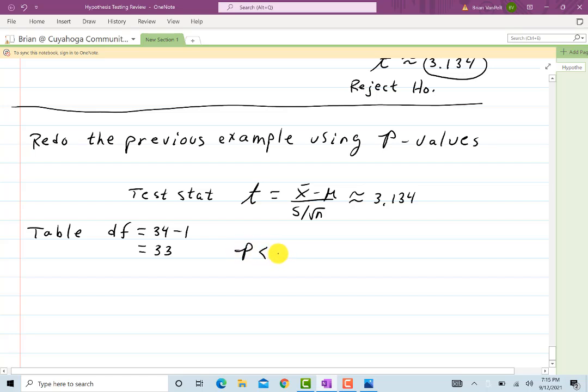So my P is less than 0.005. But if you look, alpha was given to be 0.01. So P is less than alpha, which implies that we reject H naught.